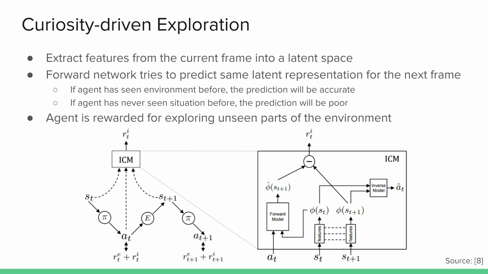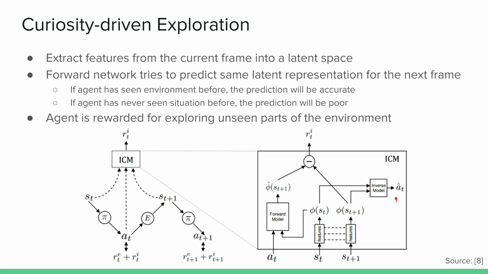So it is kind of saying that getting your agent to intrinsically explore the environment is a crucial part and can really help you in many settings. One more thing that you can see here is the so-called inverse model, which is also an interesting idea.